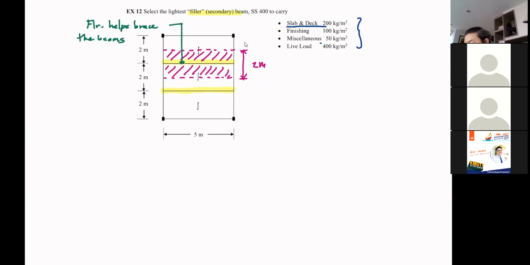And then the live load. Okay, if I'm going to use ASD, the total load here is 750 kilograms per square meter.